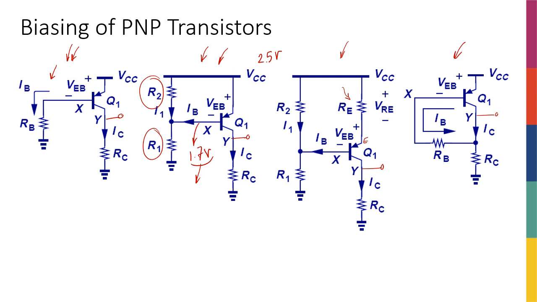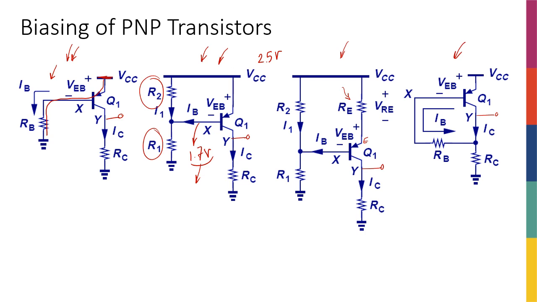The difference is that the base resistor was connected to VCC back there, and we wrote the KVL from VCC through the base resistor all the way to ground at the emitter. Here we are starting from VCC at the emitter, and then we write the KVL through the base-emitter junction. So pretty much everything is the same, except that the transistor is flipped. The emitter is on the top, and the collector is at the bottom.